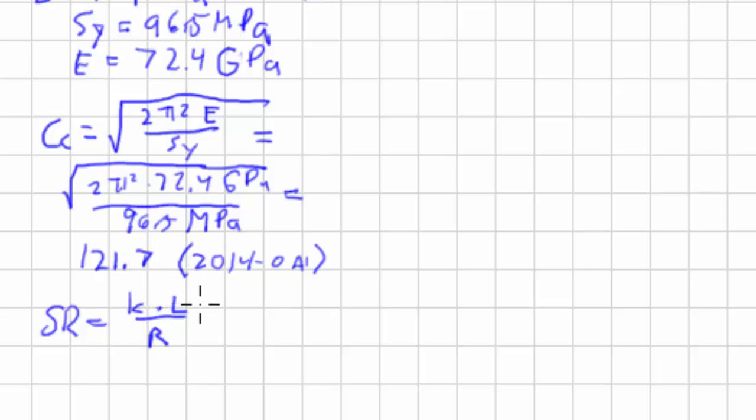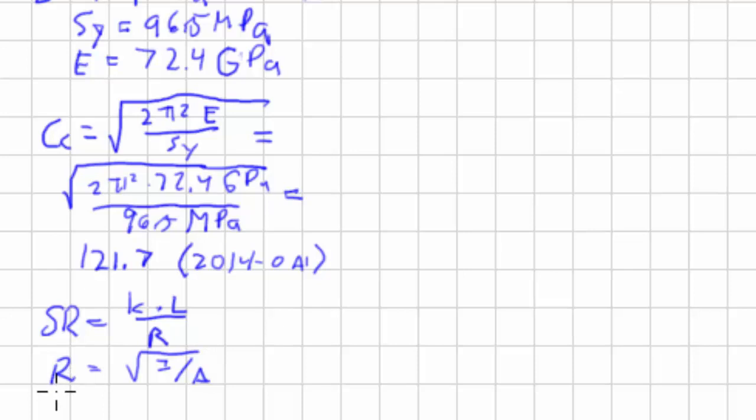L is the overall length between supports, and R is the radius of gyration, which is calculated from the cross-sectional area here. And that R is the square root of I, the area moment of inertia, divided by A.